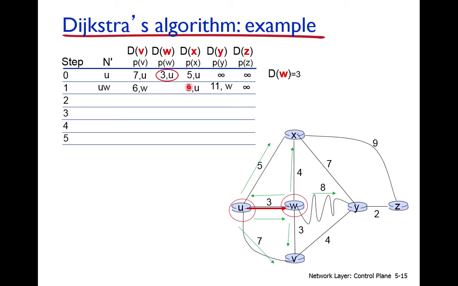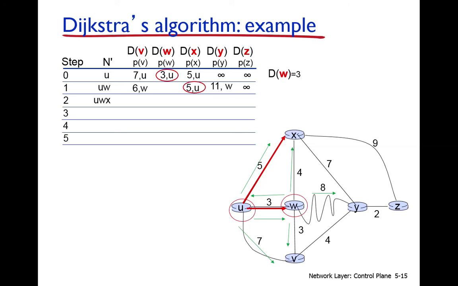It means that this will be added into the visited list. You can see that 5, which is X, will be added to the visited list. And which one is the previous node? In this case the previous node is U. So this link is added.